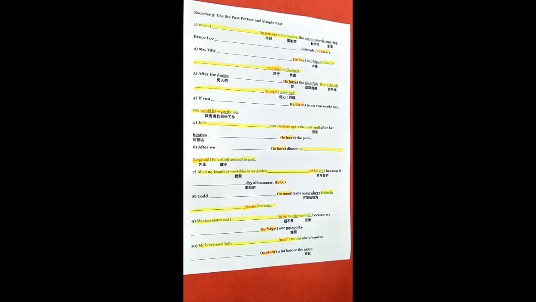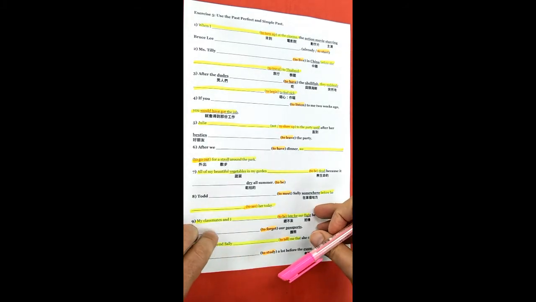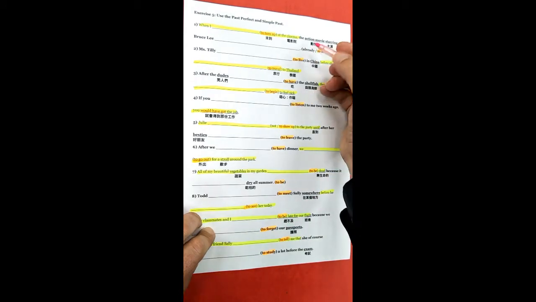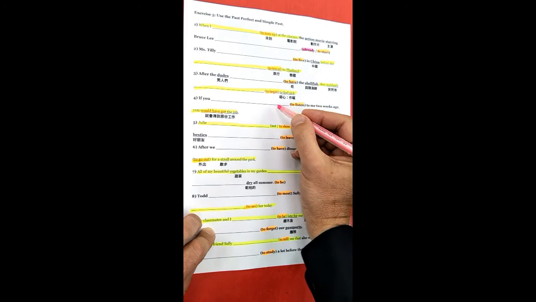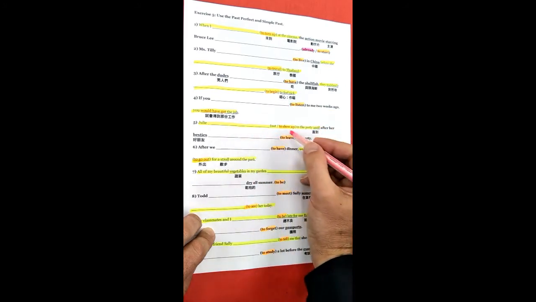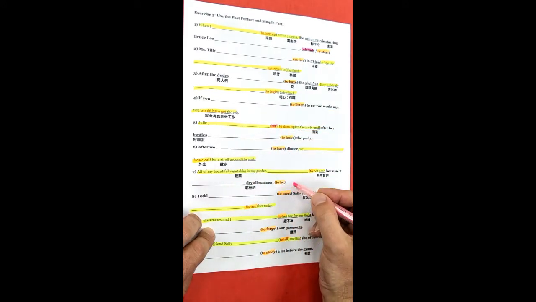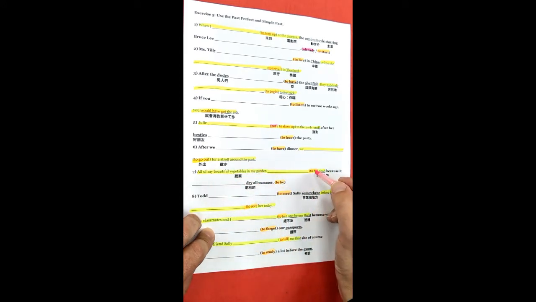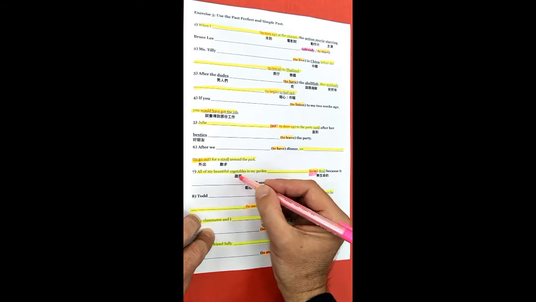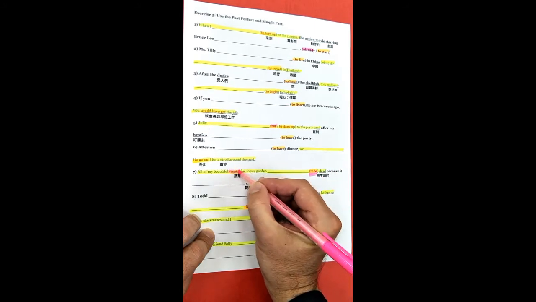All right, let's do the special ones so we remember these. Here we have already. There's a not. All right, here is number 7, to be. So we have to look at the subject.